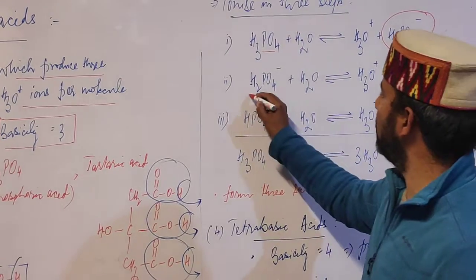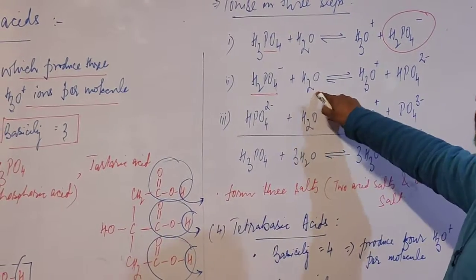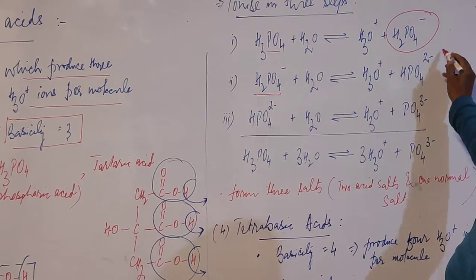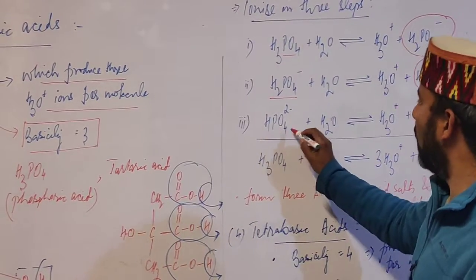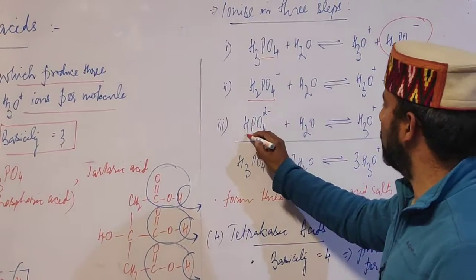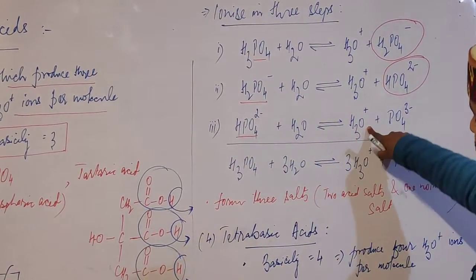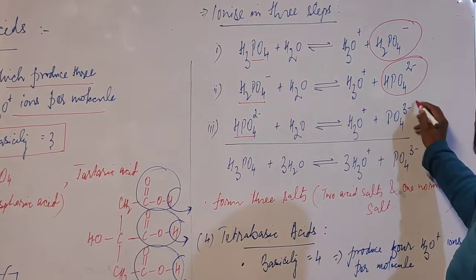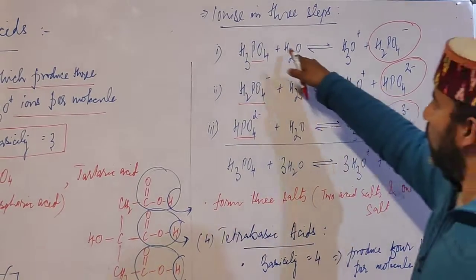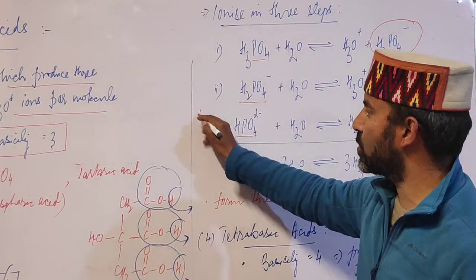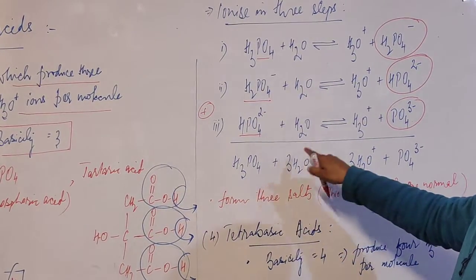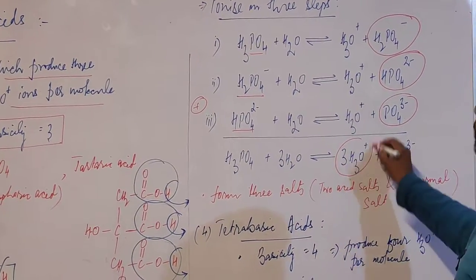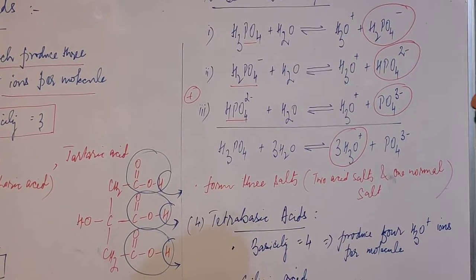Dihydrogen phosphate then undergoes further ionization to give 1 more hydronium and monohydrogen phosphate, and then this monohydrogen phosphate undergoes further ionization to give 1 more hydronium ion and phosphate ion. So overall, when we add these 3 steps, we see that 1 molecule of phosphoric acid upon ionization produces 3 hydronium ions, so therefore it is a tribasic acid.